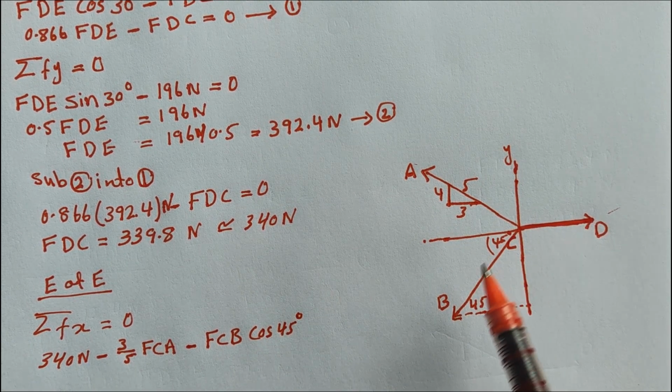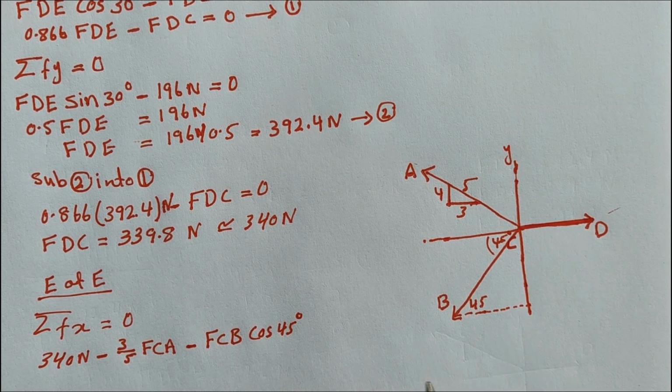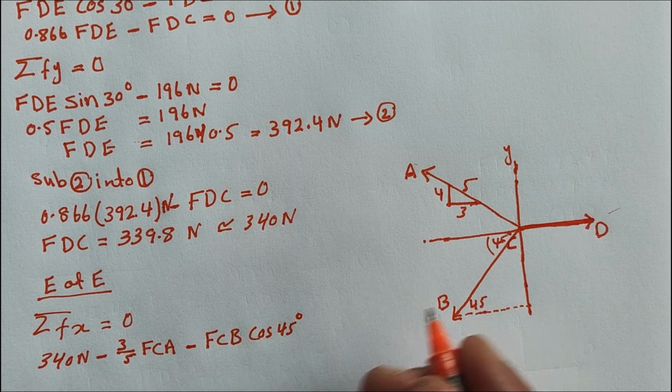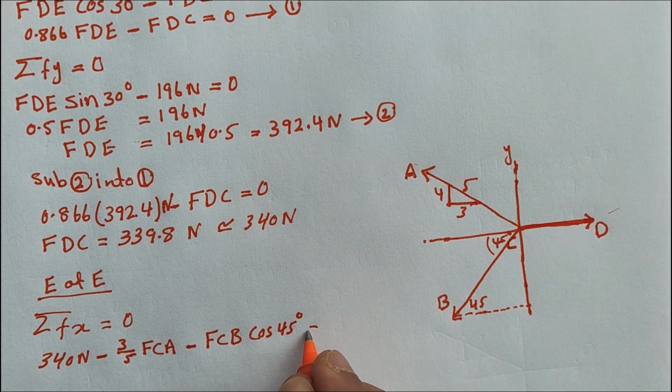Or also guys, you can get it from the other side, and you can get the same answer, because both are going to be the same. But in this case we say FCB cos 45 degrees, and this is for the x-axis. These all should equal to 0.